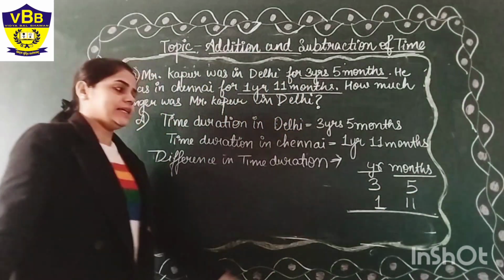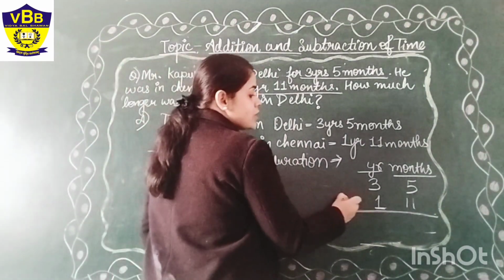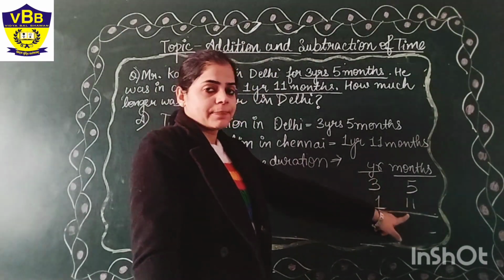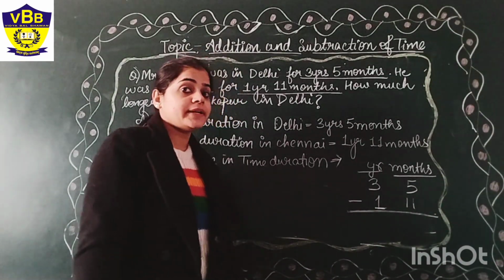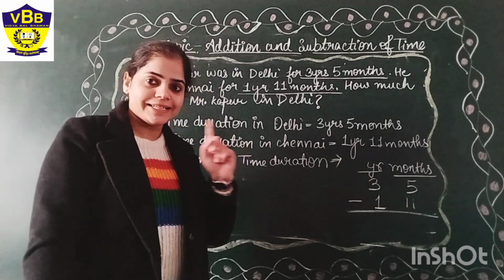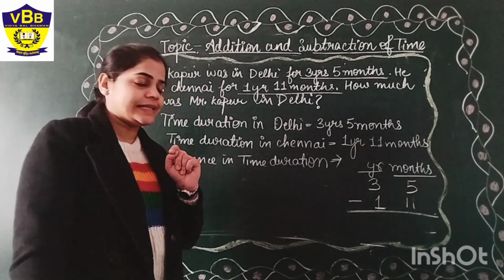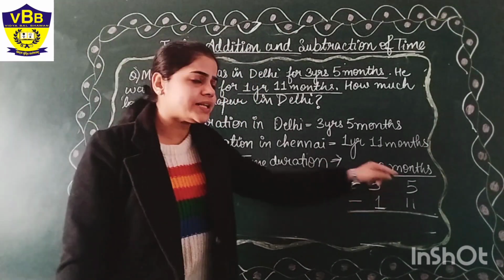And as you can see, we have already done this in subtraction. Can this 5 be subtracted from 11? No, it can't be subtracted, beta. So what will we do here? We will take the carry forward. But the condition of carry forward, we have already seen: when we take 1 year as a carry forward, does 1 come here?